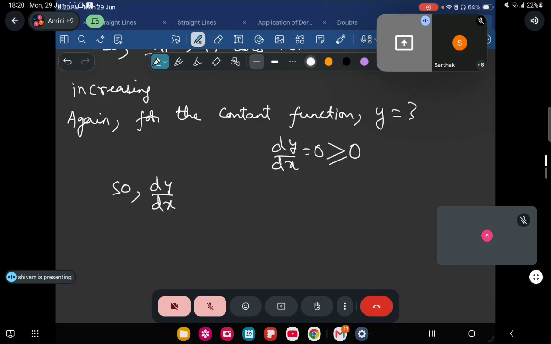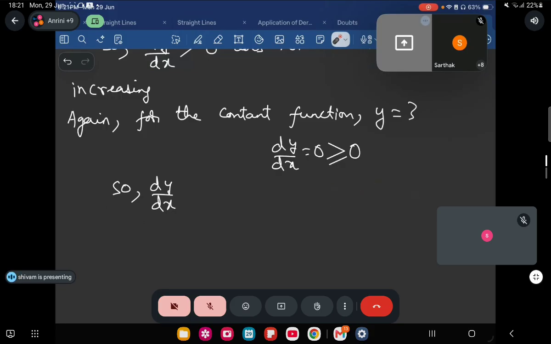Also, see, whenever a function is given to us, you need to understand that the function does not become a constant function at any point. If you can understand that, and then you apply dy by dx greater than or equal to 0, then you will get exactly the intervals where the function is increasing or decreasing. Understood? Like for example, y equal to ln x.